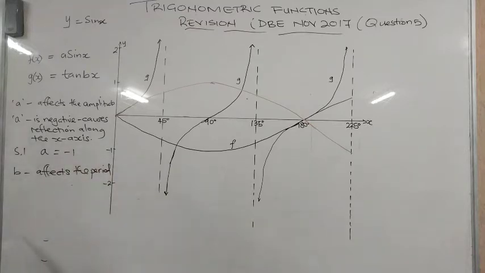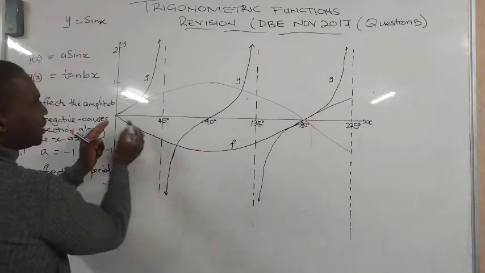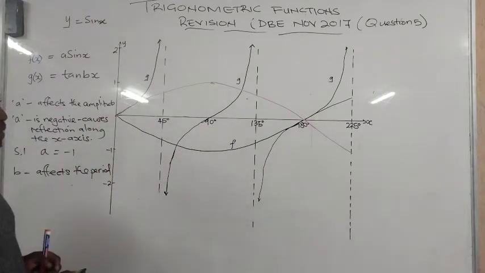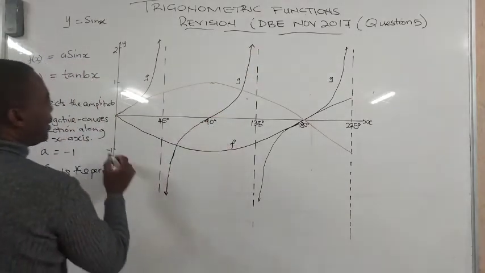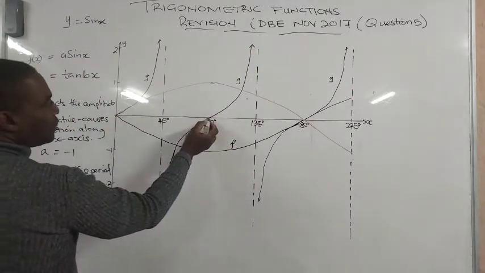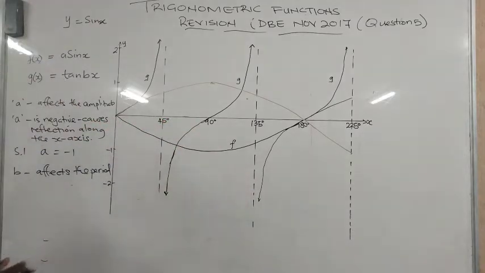So we can check at what interval the graph is repeating itself. We can see this shape, we can see it again here. So it's from 0 to 90 degrees. That means it is now repeating itself after every 90 degrees.